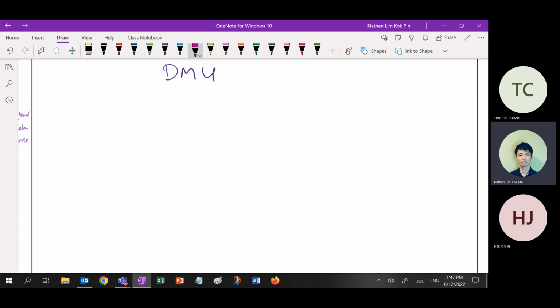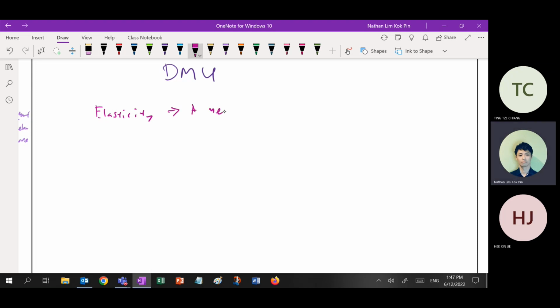Moving forward to elasticity, the one that you are confused about: elasticity is not a gradient. Write down: the elasticity formula is not a gradient formula. Elasticity is what?